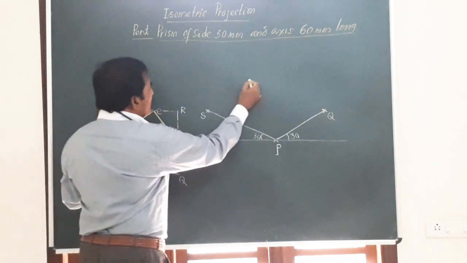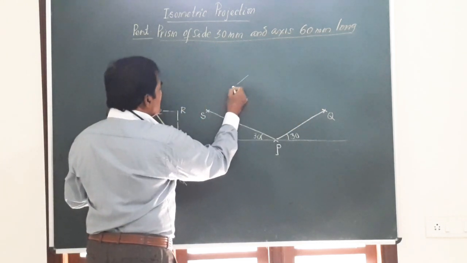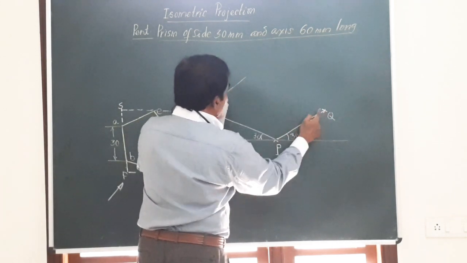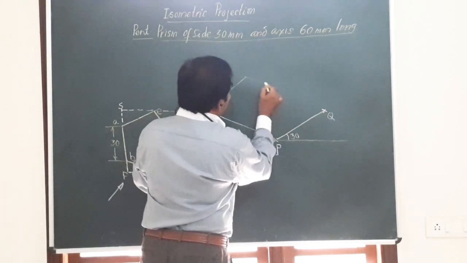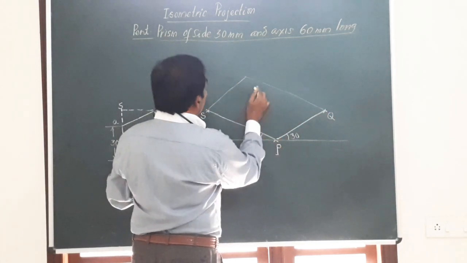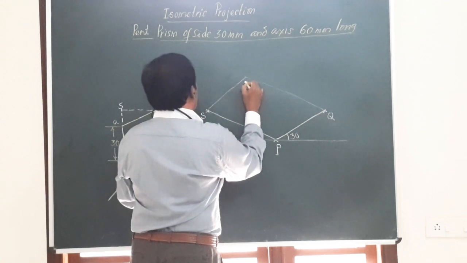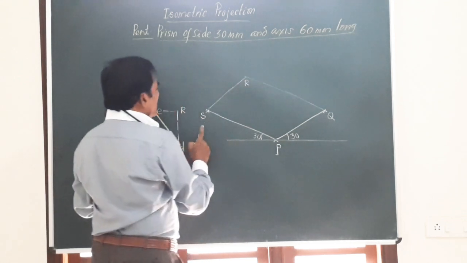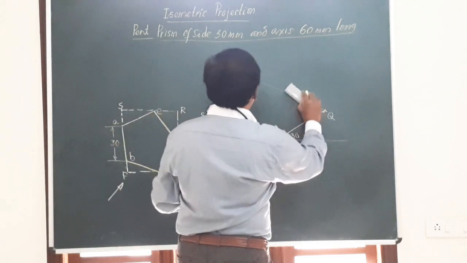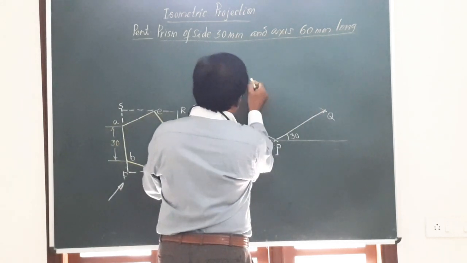How to get it? From here you draw a line parallel to this, and this is equal to this line. So simply you can just join like this. So this is going to be the point R. So I got PQRS, and this figure is constructed to the isometric scale.